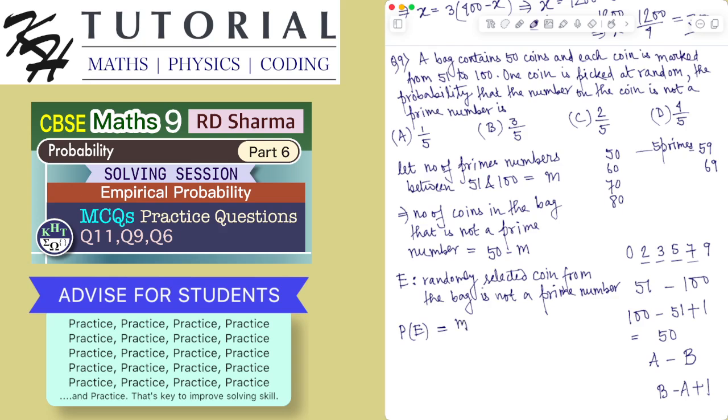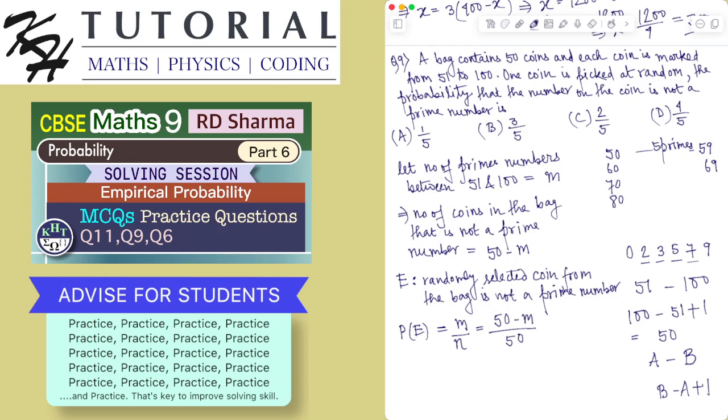We know that the probability of event E will be m by n, where n is obviously the number of coins in the bag and small m is the number of coins in the bag which is marked with a number which is not a prime. So m is basically, as we found earlier, 50 minus m, divided by n which is 50.